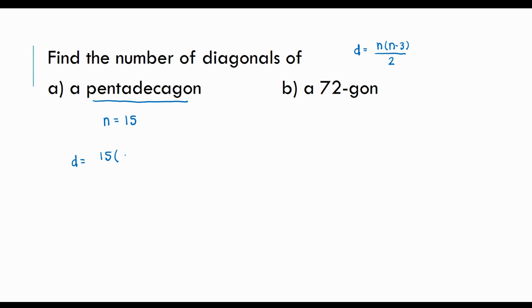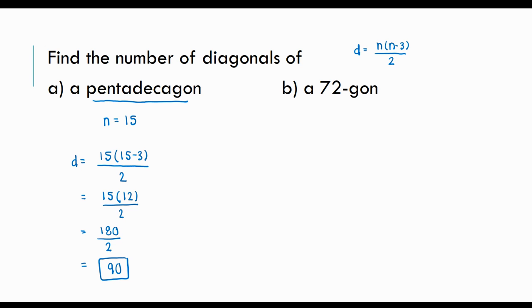So we're going to have 15 times 15 minus 3, but that whole thing is being divided by 2. So really we'll have 15 times 12 divided by 2. Well, 15 times 12 is going to give us 180, and 180 divided by 2 tells us that there are 90 diagonals.